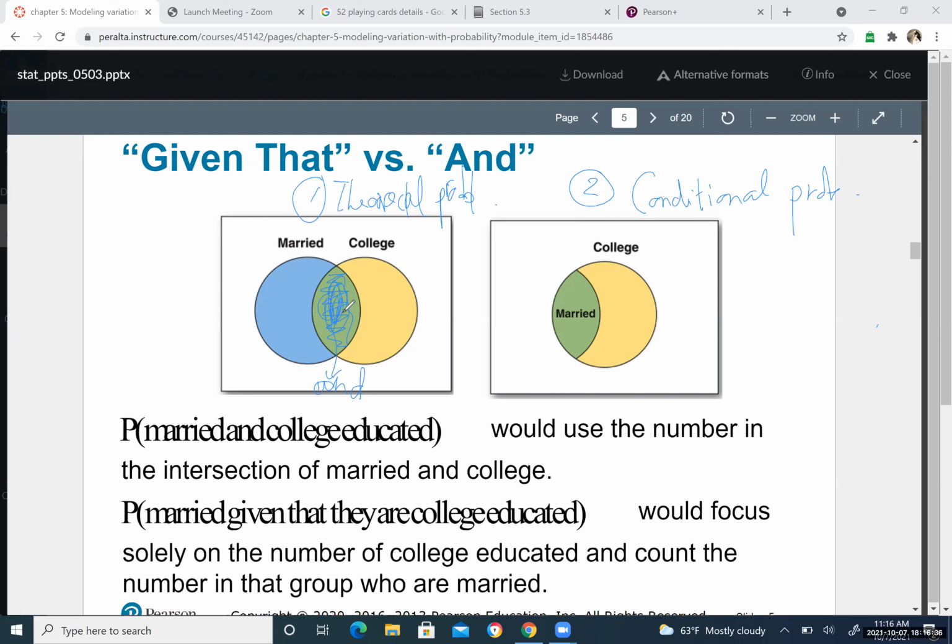The first picture is not talking about the words "given that," so that's why it's not conditional probability. But the second picture describes conditional probability, because we're focusing on the big group, and then we take a random sample of that group. You can read more of these examples in the textbook.